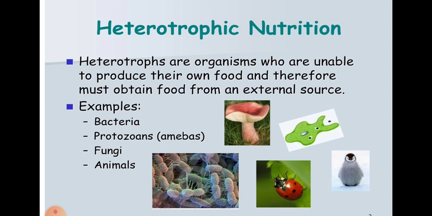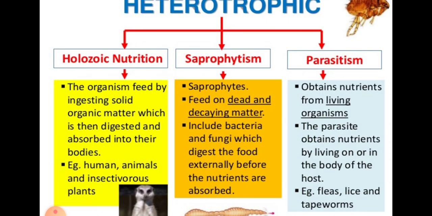We depend on plants and vegetables, and all the animals are characterized as heterotrophs because they can't make their own food, they depend on plants or other animals for obtaining food. All the animals like cat, dog, buffalo, cow, deer, lion, tiger, human beings are heterotrophs, and they all have heterotrophic mode of nutrition.